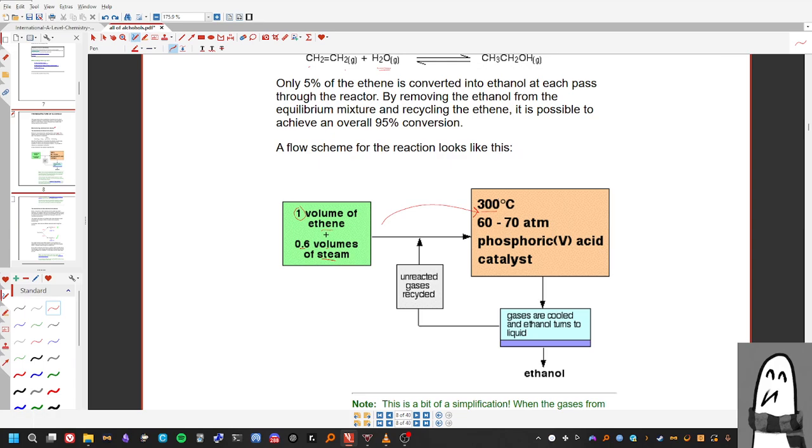You'll form gases which are cooled, and the ethanol turns to liquid, with the unreacted gases, your ethene, being recycled back, and your liquid being your ethanol.